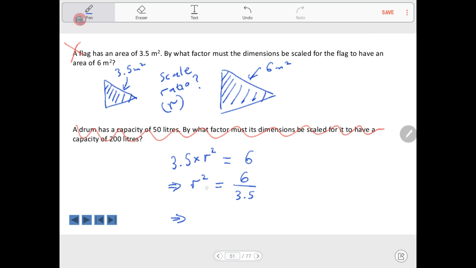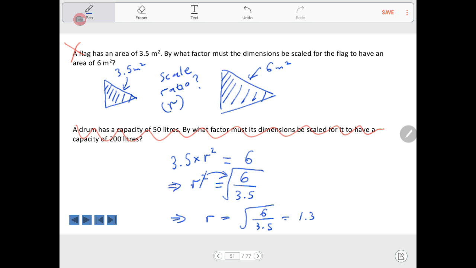And then we want that square to come over the other side as well. What's the opposite of square? Square root. So R equals the square root of 6 on 3.5, which gives us 1.3 and some other stuff.